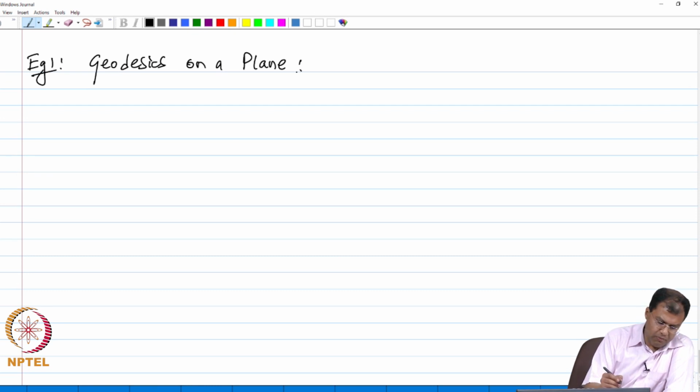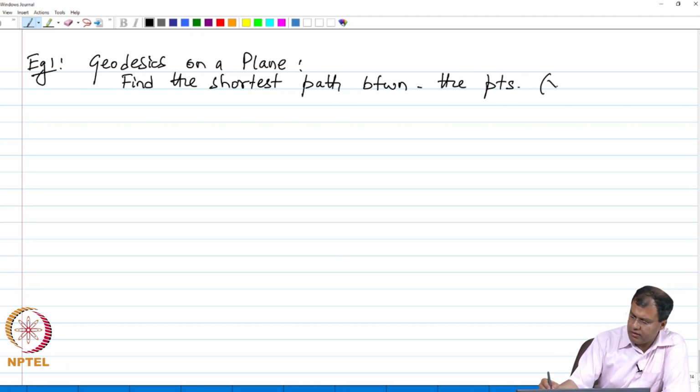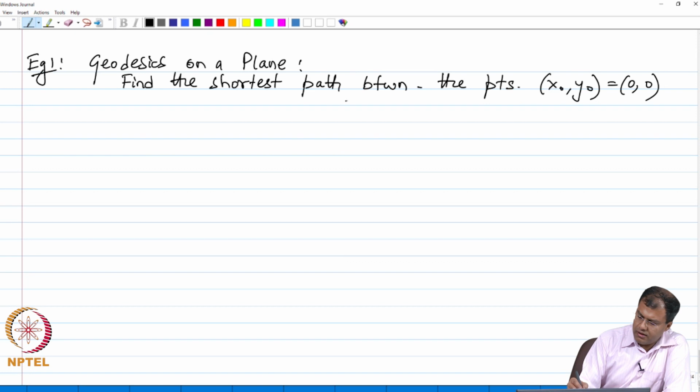Again, students, please recall that geodesics on a plane involve finding the shortest path between points, and this particular problem has been described in the previous lecture. Let me now fix some points. Let me say that my first point x0, y0 is, for example, 0, 0, and my second point x1, y1 is 1, 1. I am just fixing some points randomly.